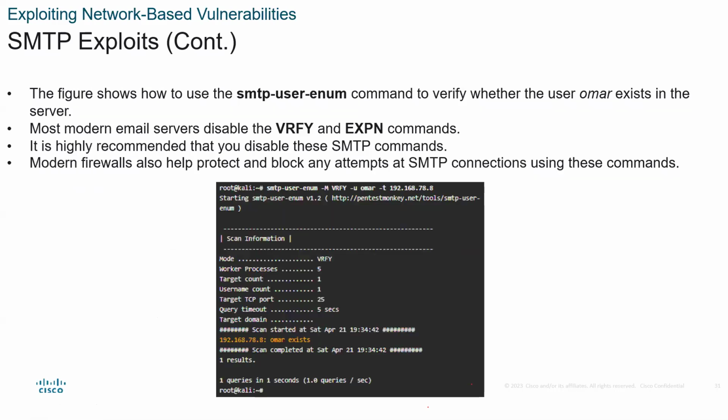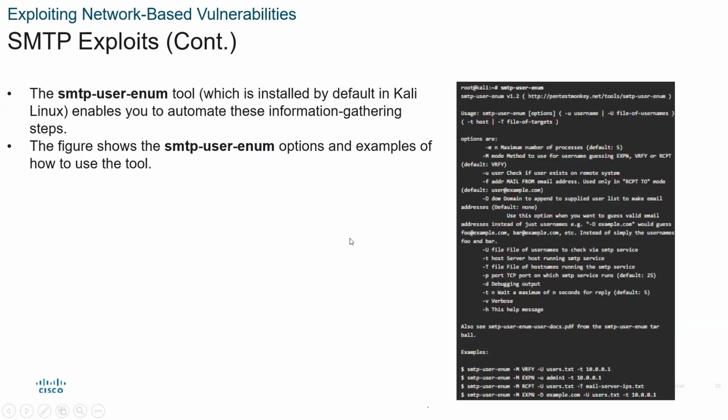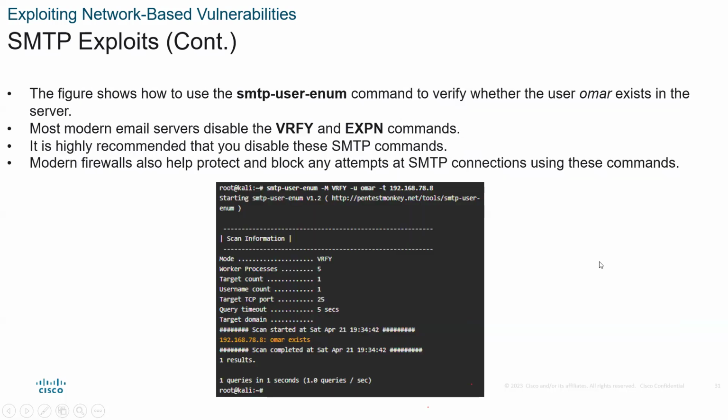So typically, the command says I'm using that command, SMTP user enumeration, verifying this user, Omar, with -t. What's -t from the output? The switch -t here is the host server, the host running SMTP services.